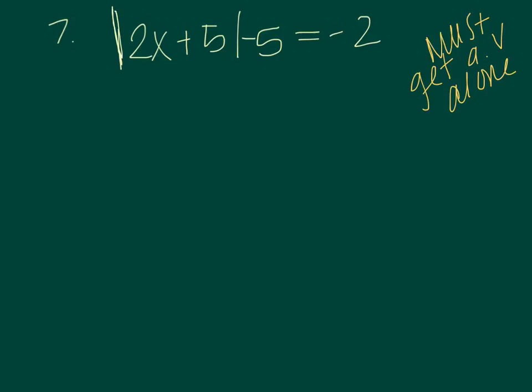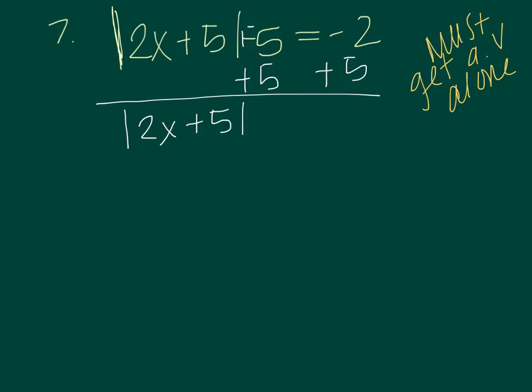So what I'm going to do is I'm going to add 5. We could do SAO there, and I'm going to add 5 to both sides to make this the absolute value of 2x plus 5 equals 3. At this point, absolute value is alone. Now we can break it up into our two equations.